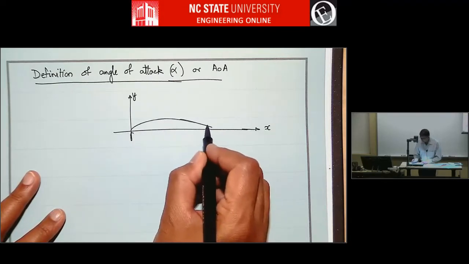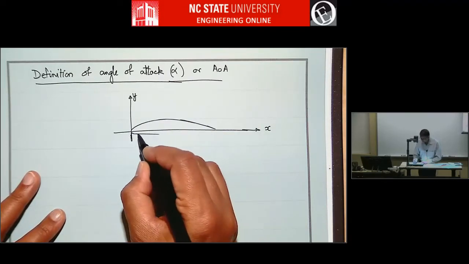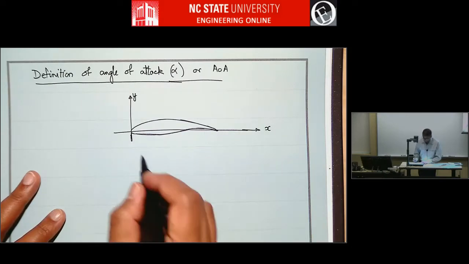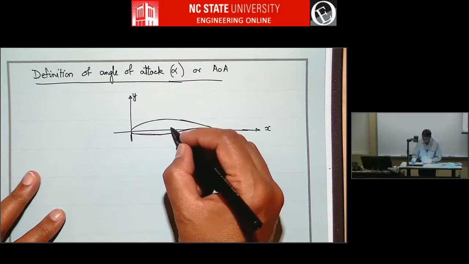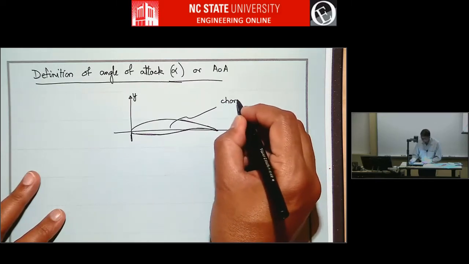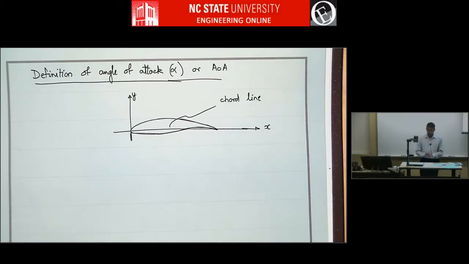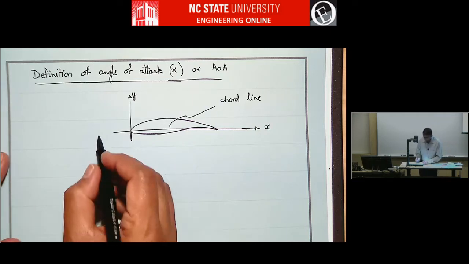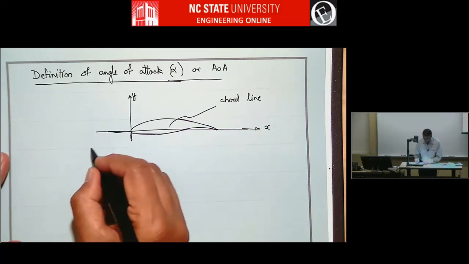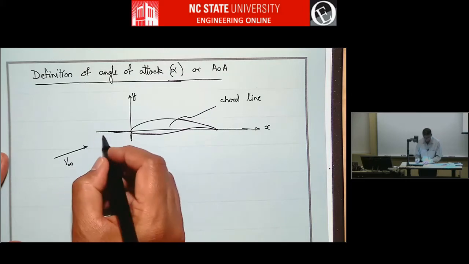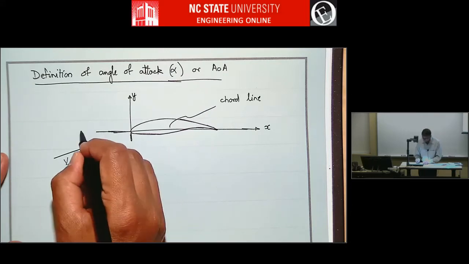So let's take an airfoil like this. This is the chord line, and the chord line is usually put along the x-axis, and let's say the free stream velocity is like this, V infinity. Then this angle is alpha.